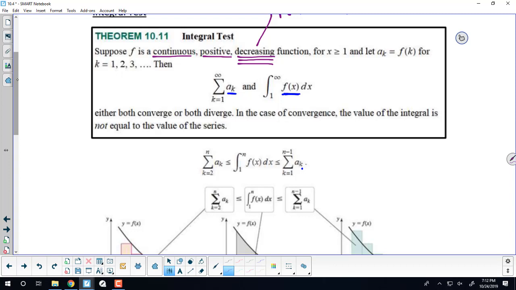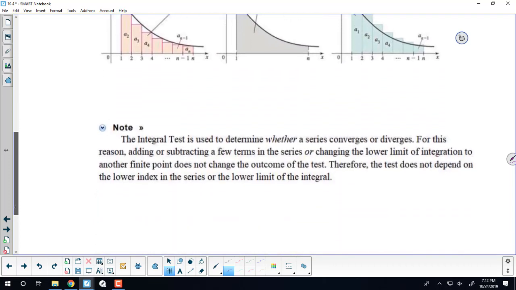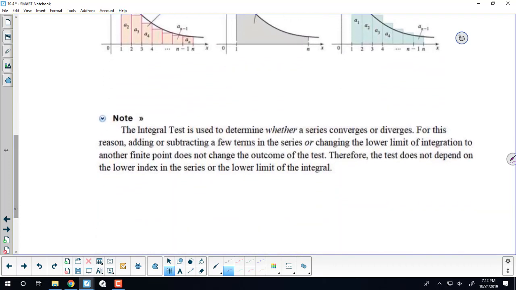It's okay for it to increase and then decrease, but eventually it has to just decrease. If you go through the proof, their assumption is that it's always continuous, positive and decreasing, but in practice, the tail is really what matters. So eventually this has to be positive, decreasing, and continuous. And that's what that note is saying.